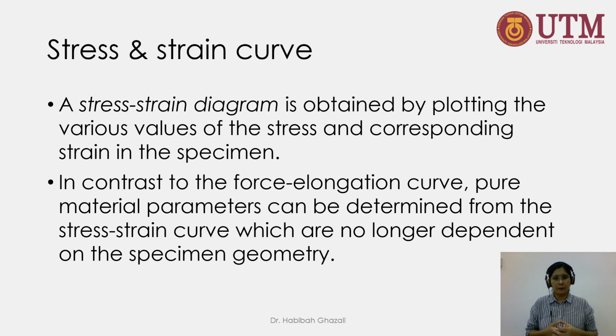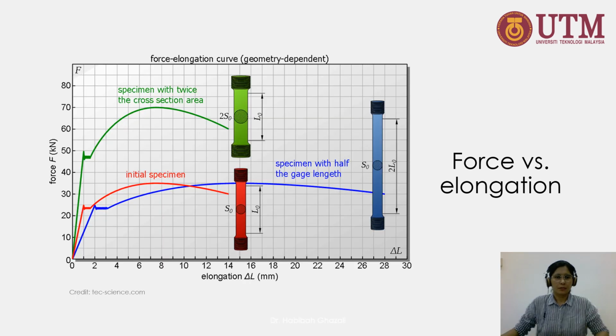In contrast to the force and elongation curve, pure material parameters can be determined from the stress strain curve, which are no longer dependent on the geometry of the specimen. So if let's say we plot force versus elongation, this diagram here does not allow us to make any statement about the strength of the material, because what you have plotted here is geometry dependent.